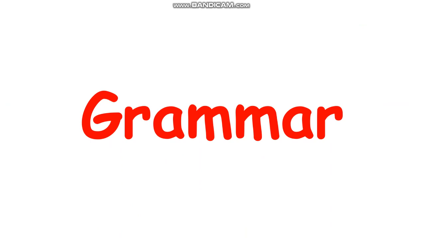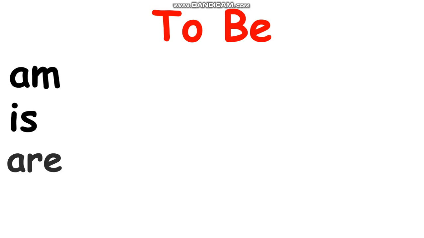So today I am going to teach you more about grammar. Let's talk about verb to be. Do you know what is verb to be, everyone? If we talk about verb to be, we are talking about am, is, and are, right?